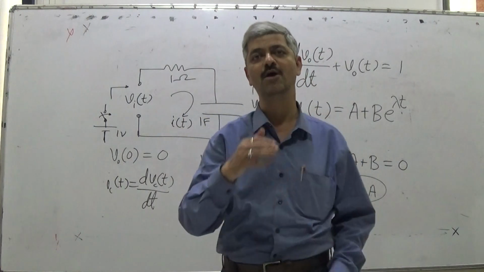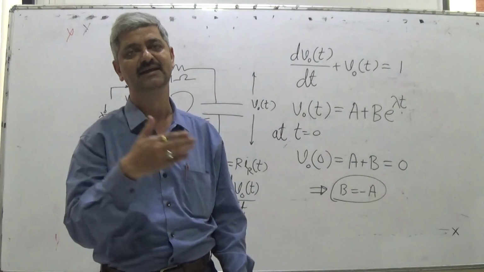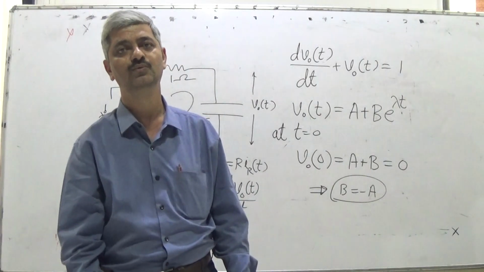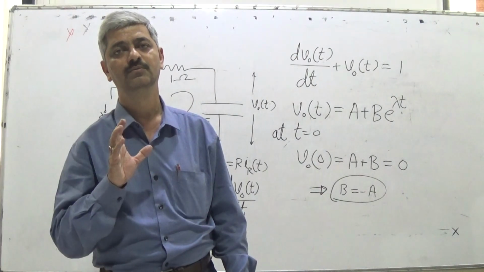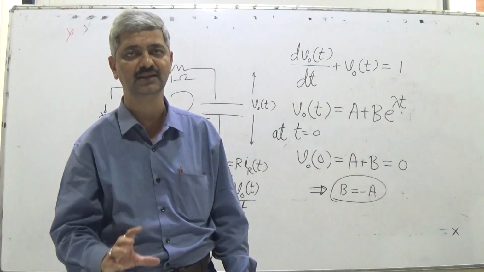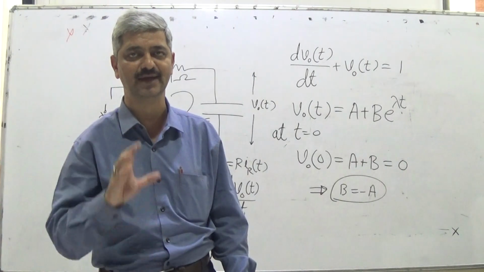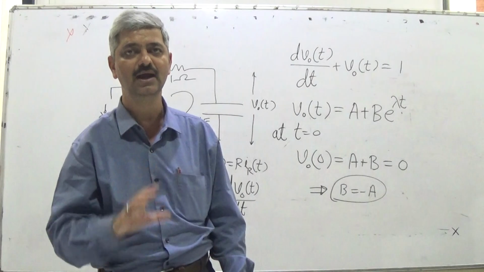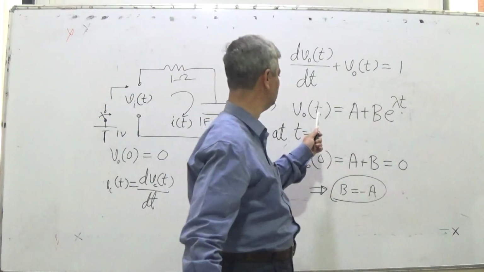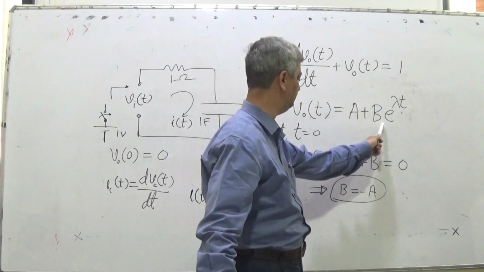So instead of solving it in a classical method further, we try to make it compact and simple by using the value of VO at t equal to 0. At t equal to 0, this expression becomes A plus B, and it is 0.